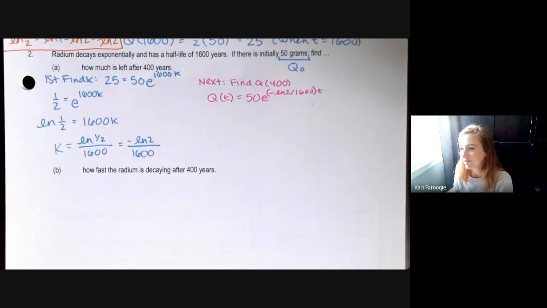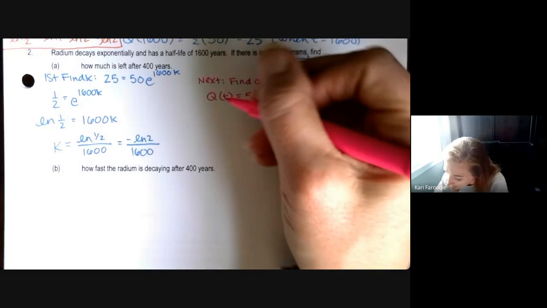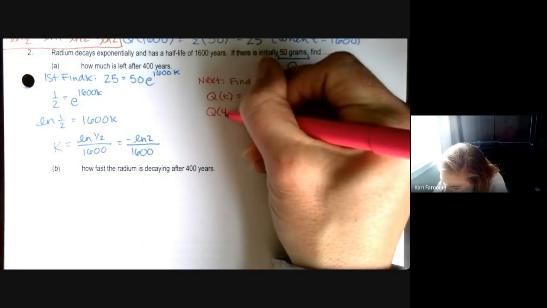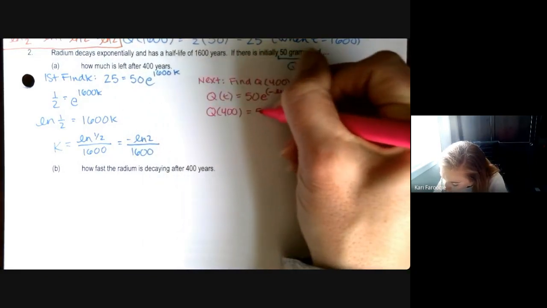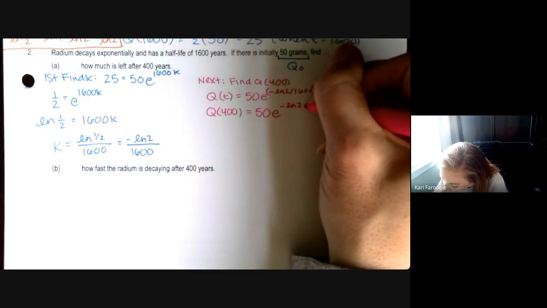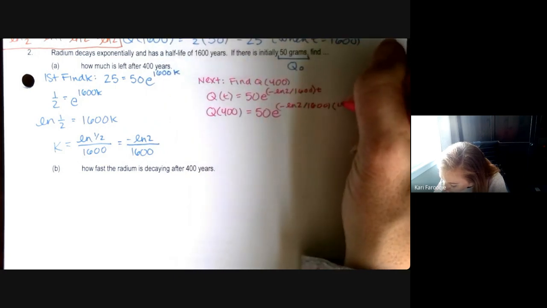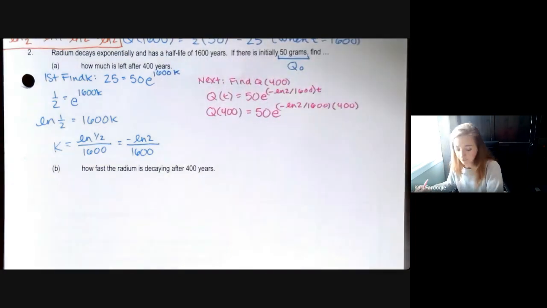Wait to run your test until I say leave your answer exact. Approximate at the end. There's a place for that. All right, so Q of 400 is 50 times e to the negative ln 2 over 1600 times 400.